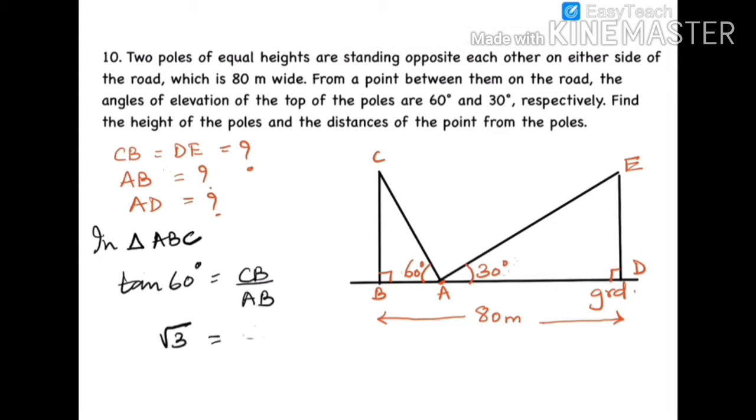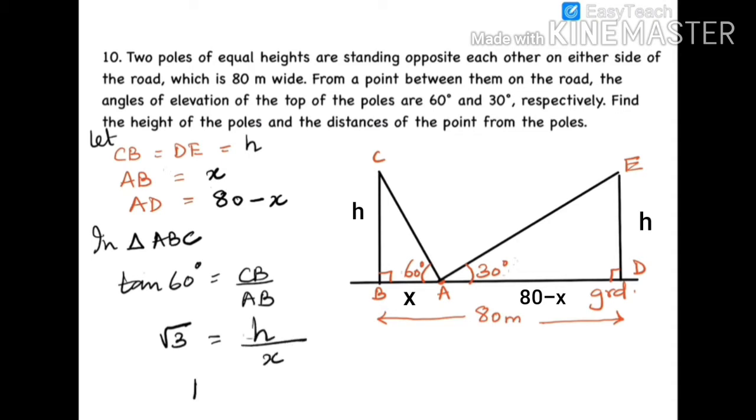Let's represent the height of the poles with H. And let's take AB as X, then AD will be 80 minus X. So substituting all of this in this equation, we get √3 equal to H upon X. So H will be equal to √3 times X. Let's mark this result as 1.